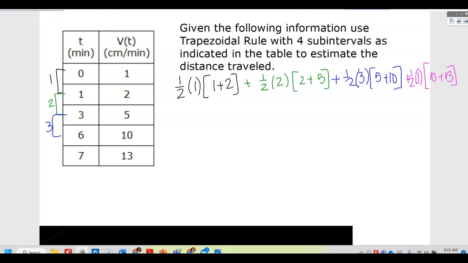So all of them have a half, so you can actually still factor out that 1/2 if you want. Maybe I don't want to have fractions as I go.